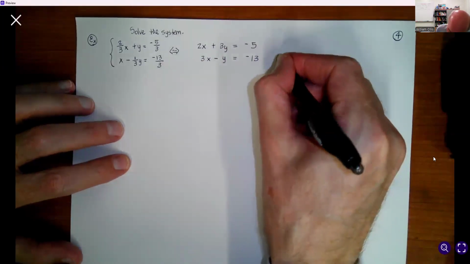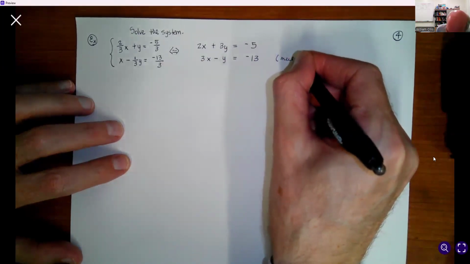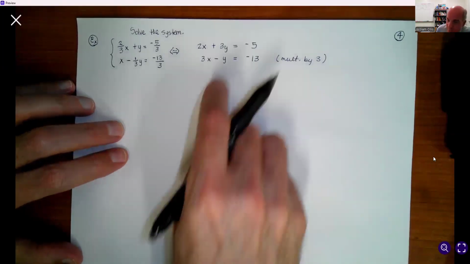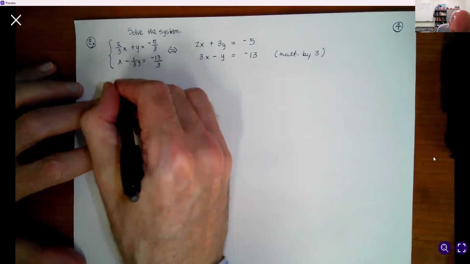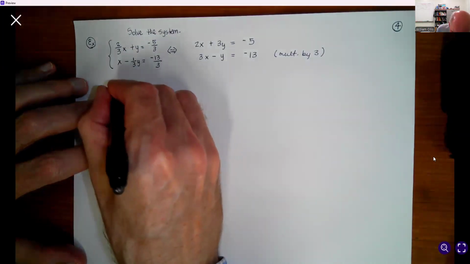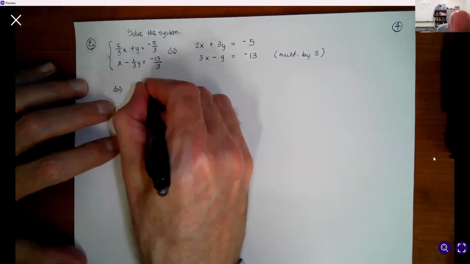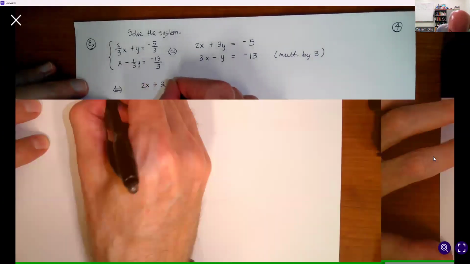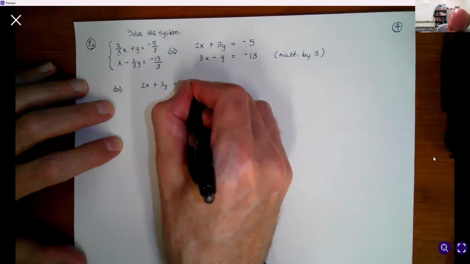So let me just write that out. Multiply by 3. And then, of course, we'll have two terms that are additive inverses. So this gives us equivalently 2x plus 3y equals -5.